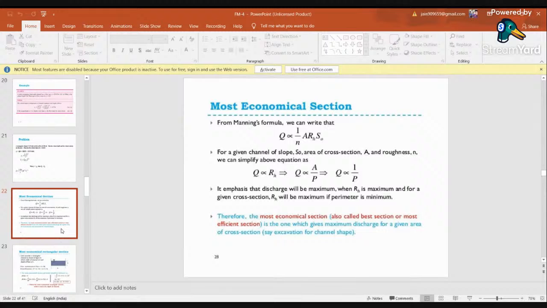So basically, most economic sections are the sections having the maximum discharge for the given minimum wetted perimeter. You have to maximize the discharge with the given wetted perimeter. So what should be the depth, what should be the width, what should be the slope? This will be the combination by means of which you will get the maximum discharge for the minimum wetted perimeter.